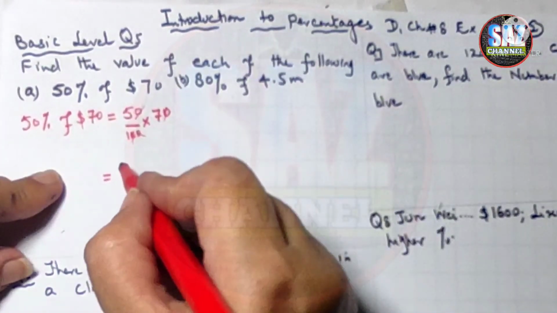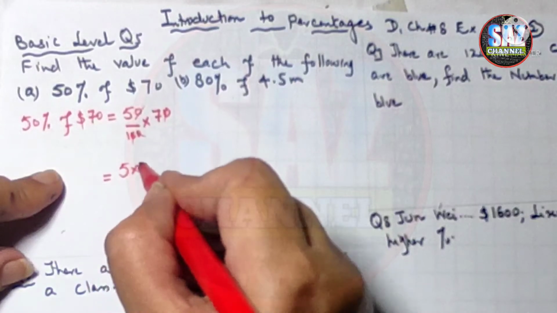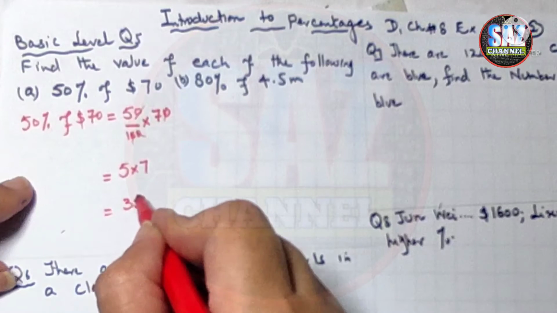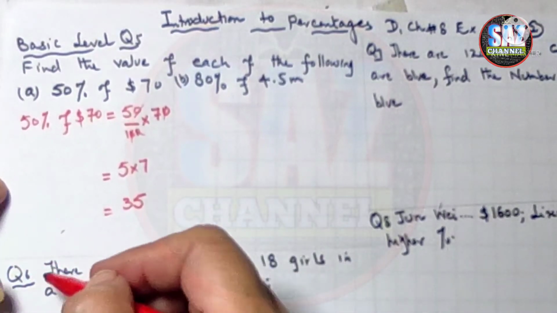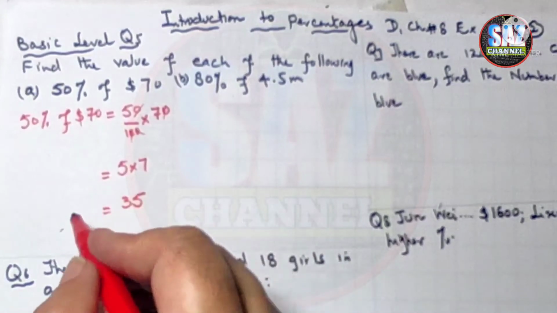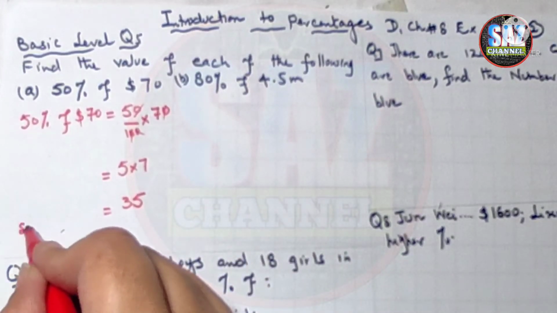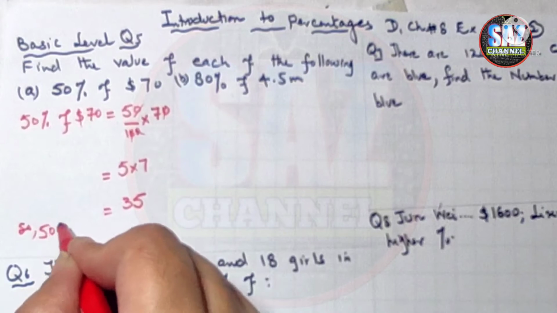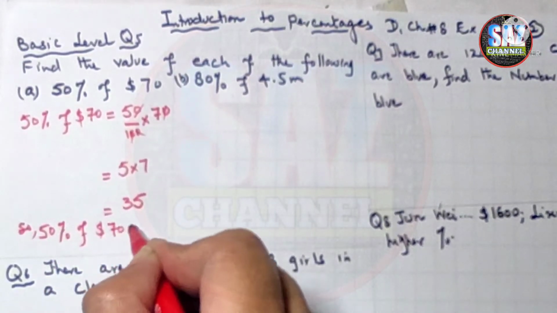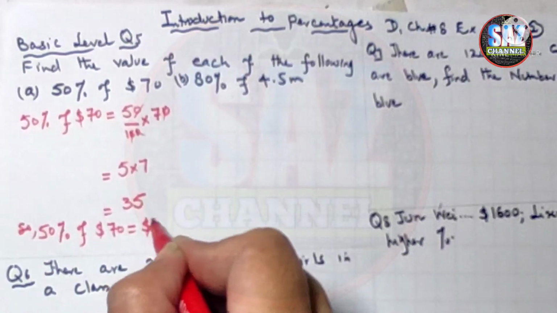I always advise my students to learn to make your calculation easy before moving to your O-level examination, because you have to perform mental calculations in paper 1 without a calculator. So 50% of 70 is $35. Really easy question.